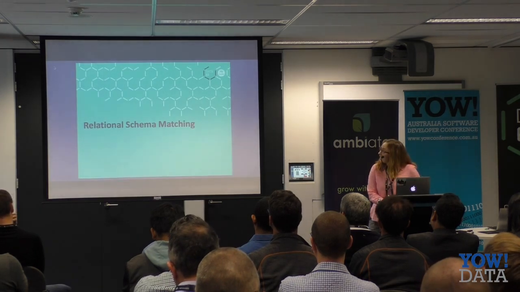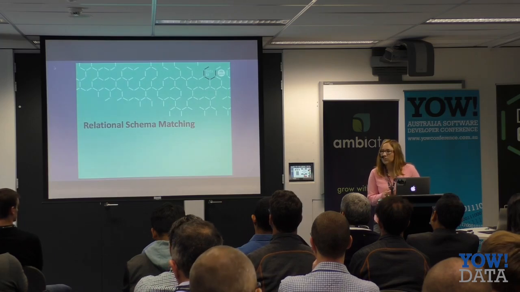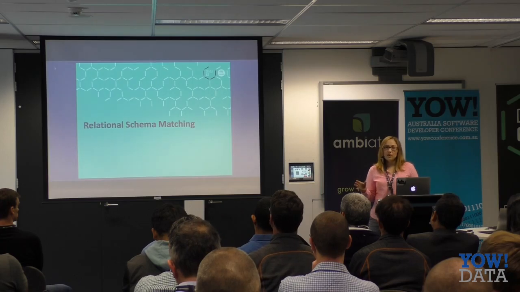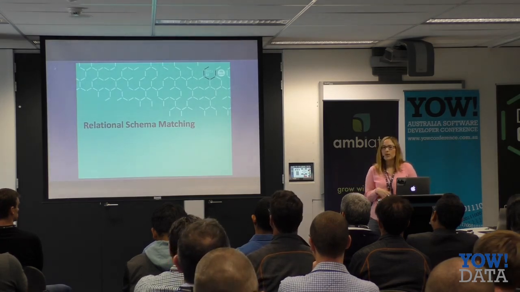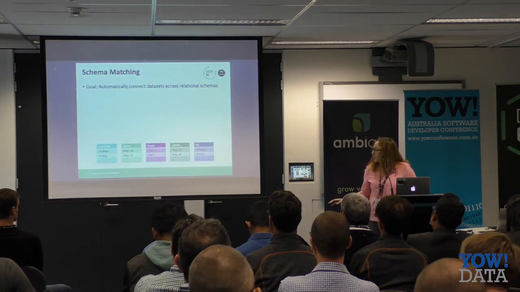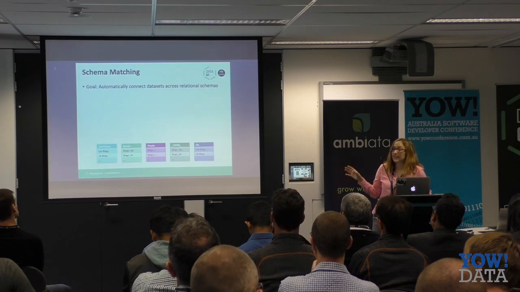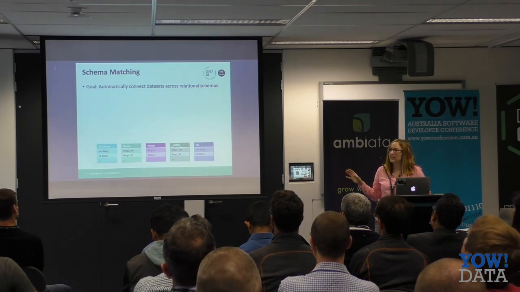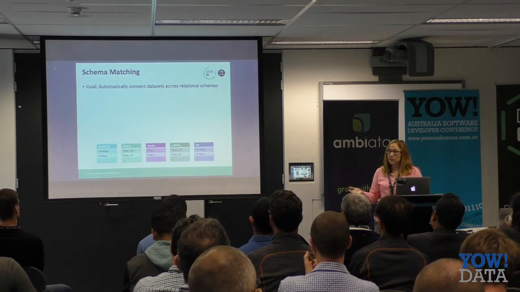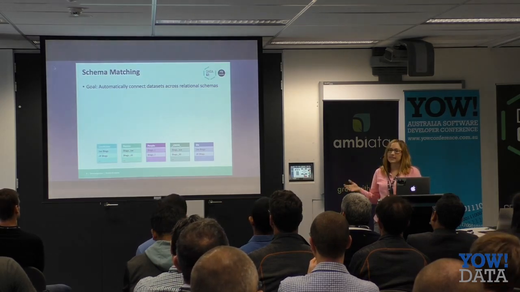So let's start with relational schema matching. I use the word relational since we're dealing with relational schemas, meaning that we have some CSV files or some SQL data tables. Imagine that we have 5 data tables, and each of those data tables contains a column which supposedly has people's names in it.